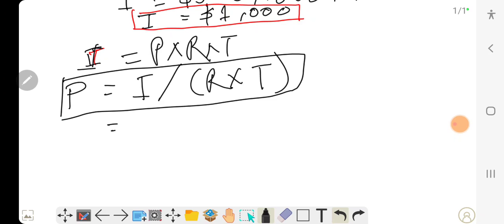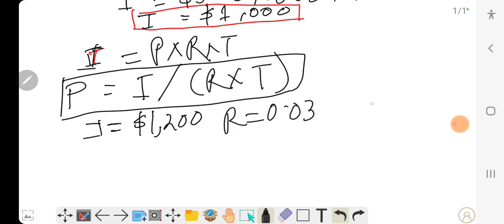So for example, say I got interest of $1,200 at the rate of 3% for the period of 4 years.